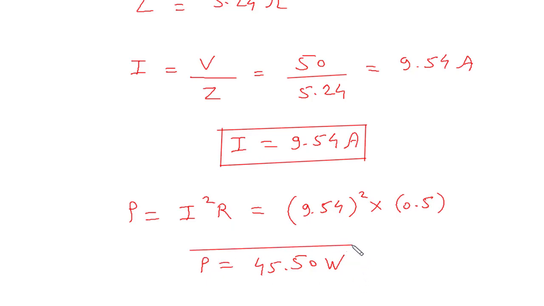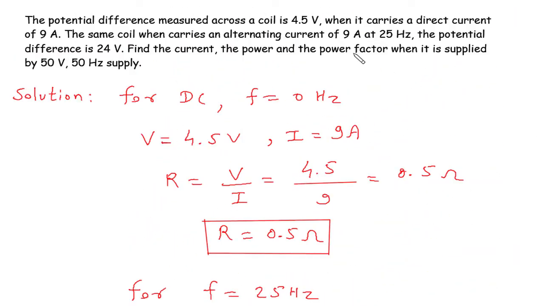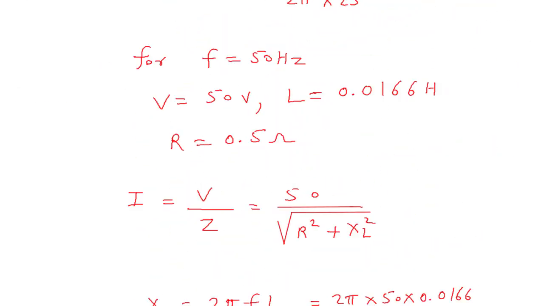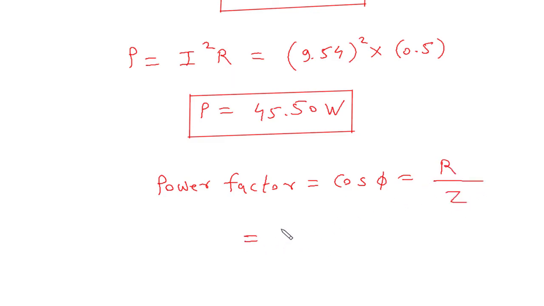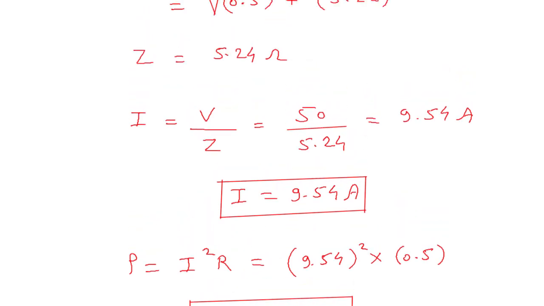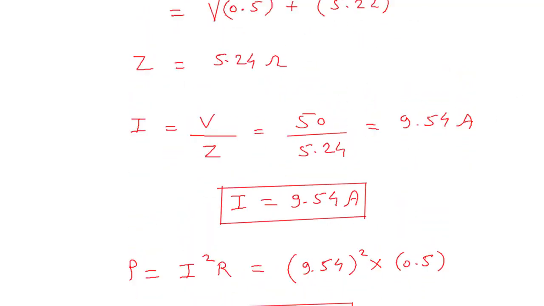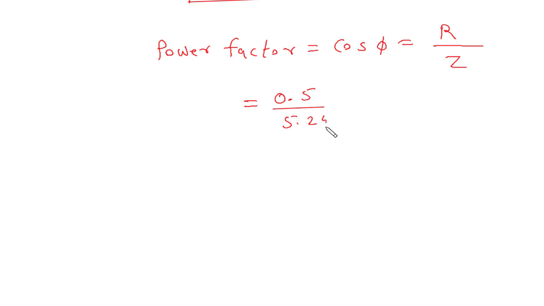Then next we have to find the power factor. So power factor, cos phi, is equal to R by Z. So here resistance is again 0.5 divided by Z. The value of Z here is 5.24.